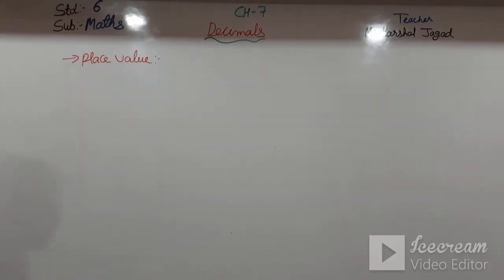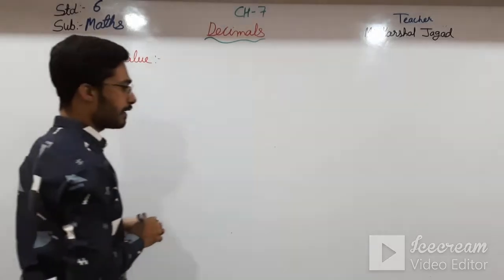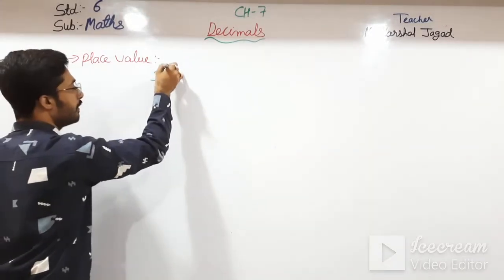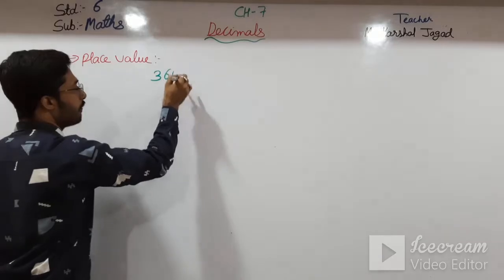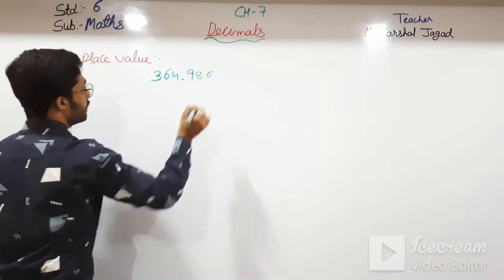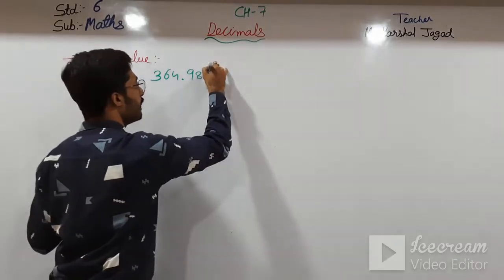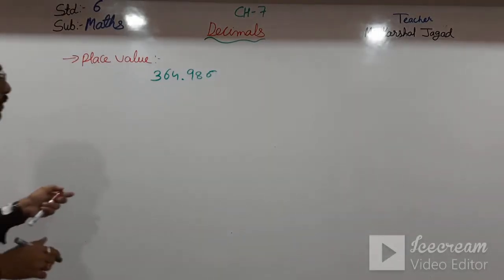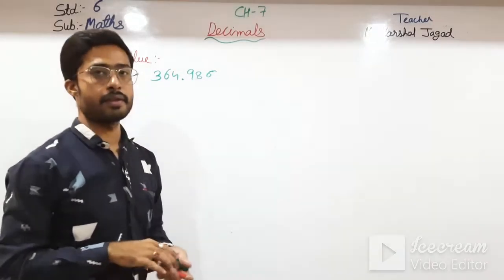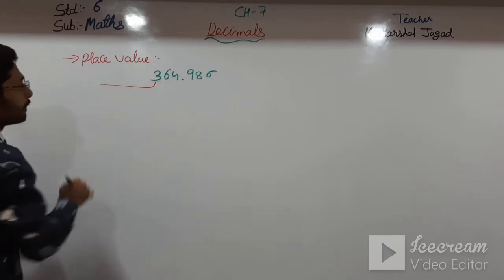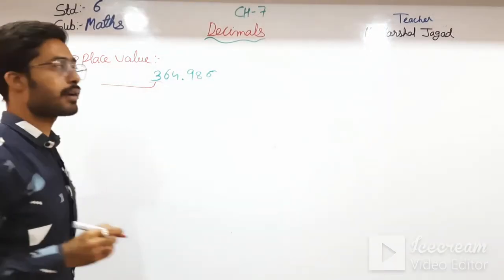So here if I take a number like this, 364.986. Okay, so how can we know the place value of this? First of all, we know the place value of 3 is what? That is 100.